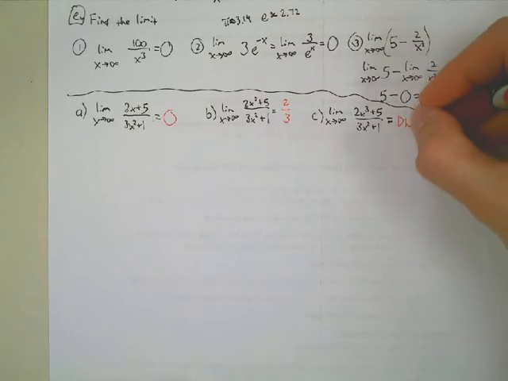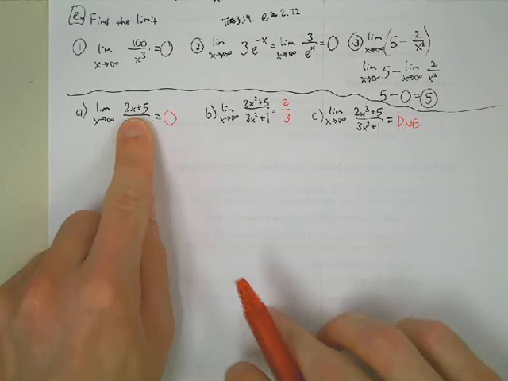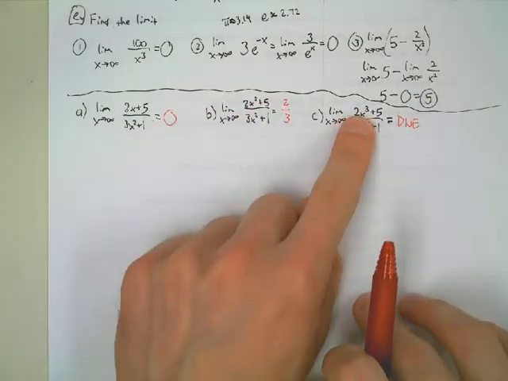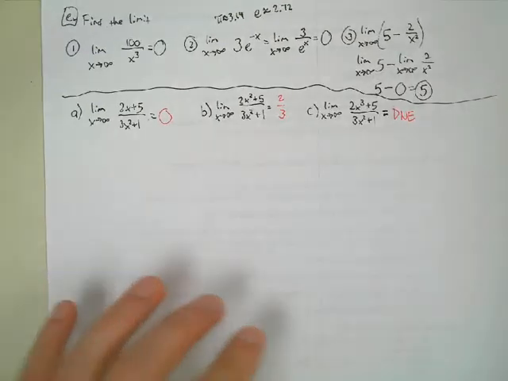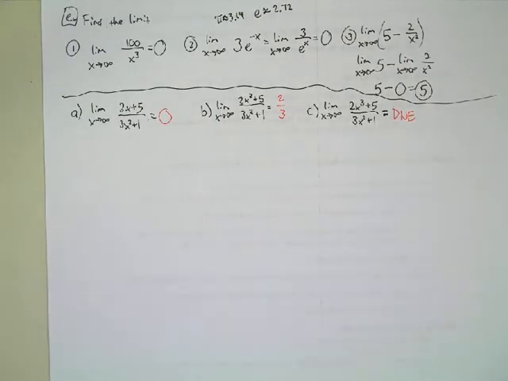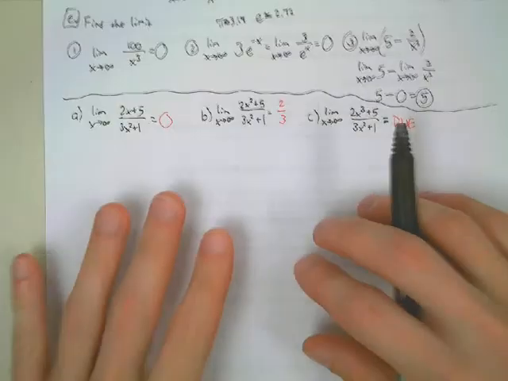Okay, so what changed? The degree of the x term in our numerator, right? What's happening here is how quickly our numerator and denominator are growing.